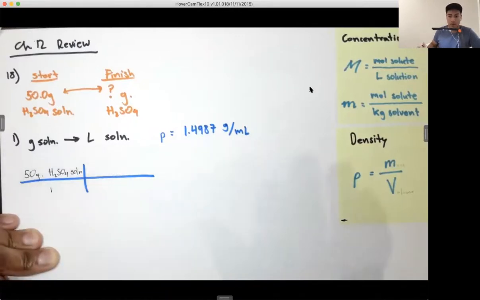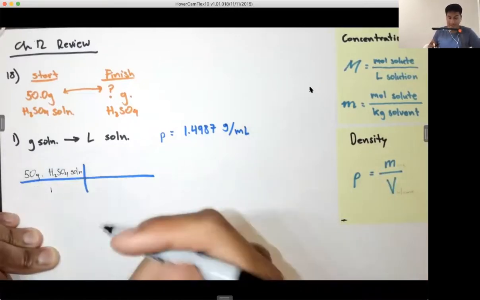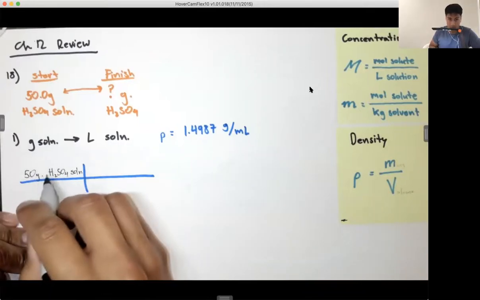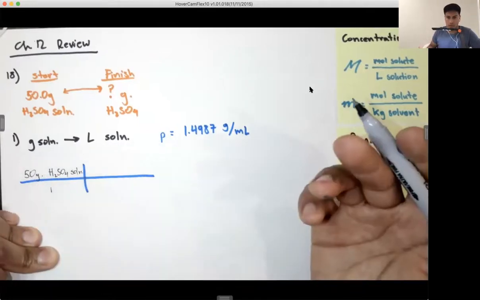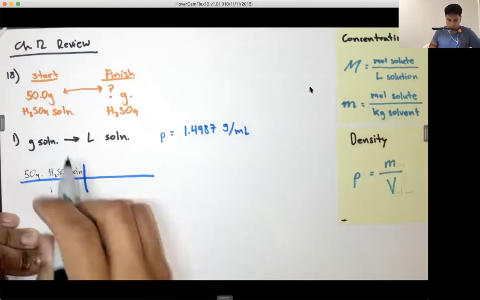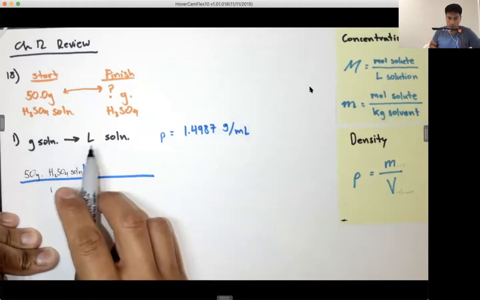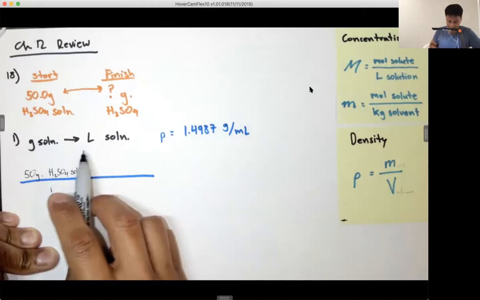Basic stoichiometry, we always put the first thing over 1. Now, what is our conversion factor? We want to get rid of grams. What do we want to turn it into? We want to go from grams of solution to liters of solution.